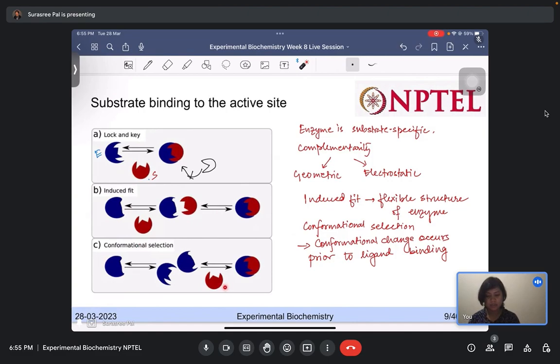See, here is the substrate, but in this enzyme population, the enzyme is changing from one conformation to another, right? And the substrate seems to be selecting the right conformation for its binding. That is why it is called conformational selection. So these three models try to explain how the substrate can bind to the active site of the enzyme.